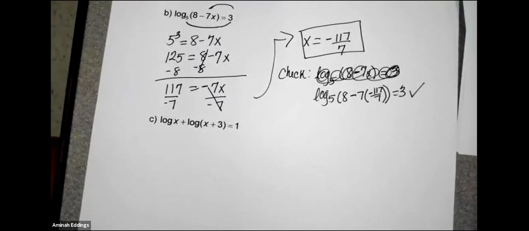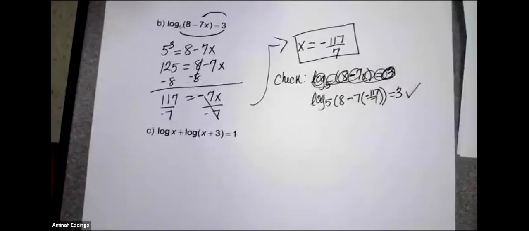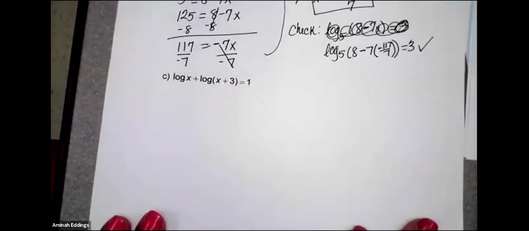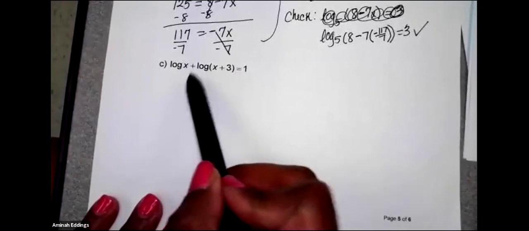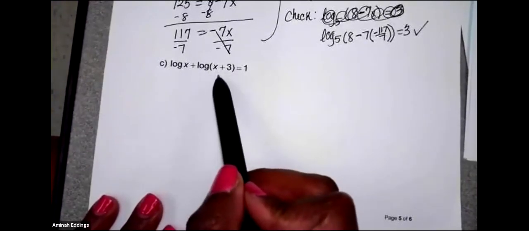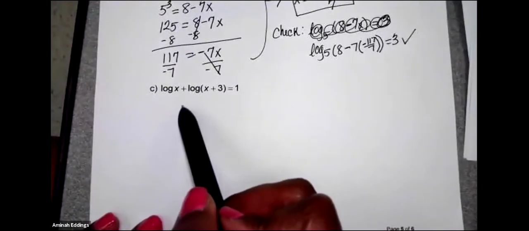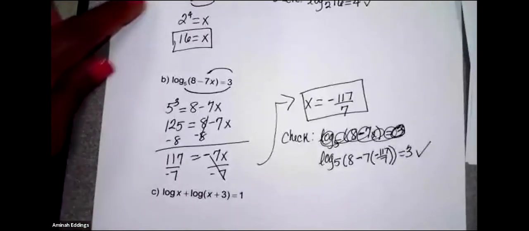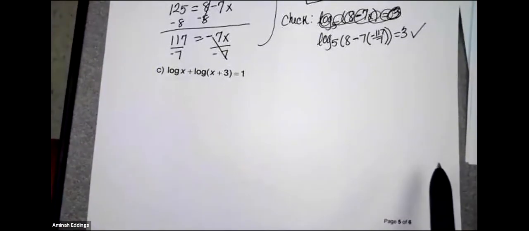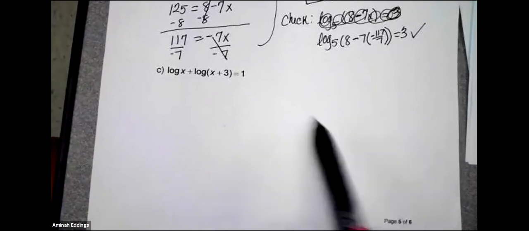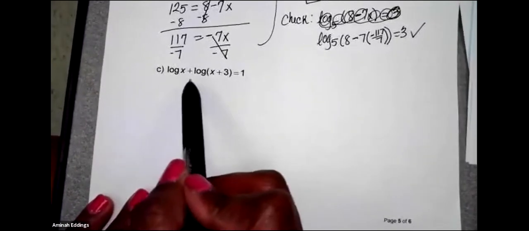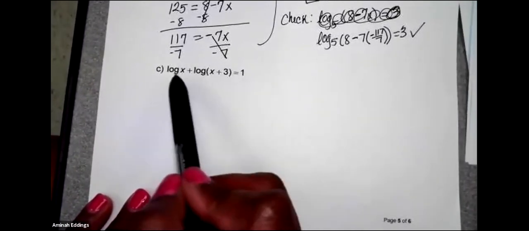Okay. All right, let's look at C. So we have log x plus log of x plus 3 equals 1. So this one is not like A or B because we have 2 logs on the same side. So when we have 2 logs on the same side, then we can use our properties.